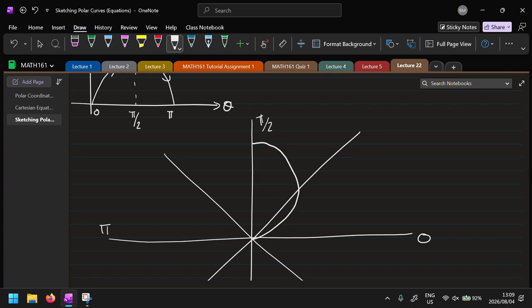If you imagine the... can you see that in the back? Yeah. Okay. So we start at 0 and we're increasing the angle from 0 to pi over 2. From there to there. So at this angle, the radius was 0. So we start here. Let's look at this angle at pi over 4.